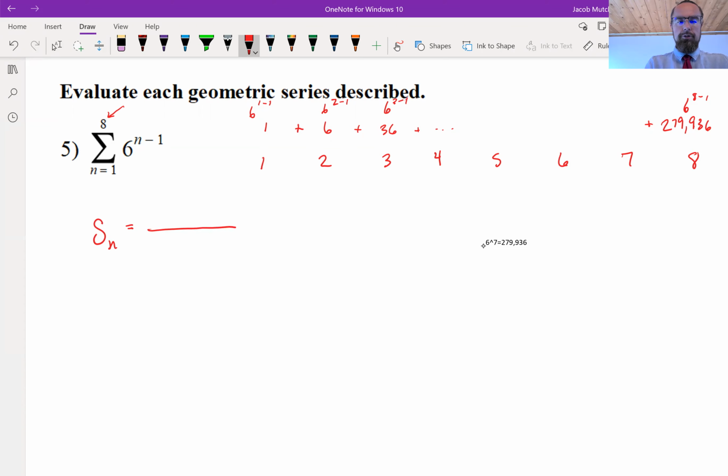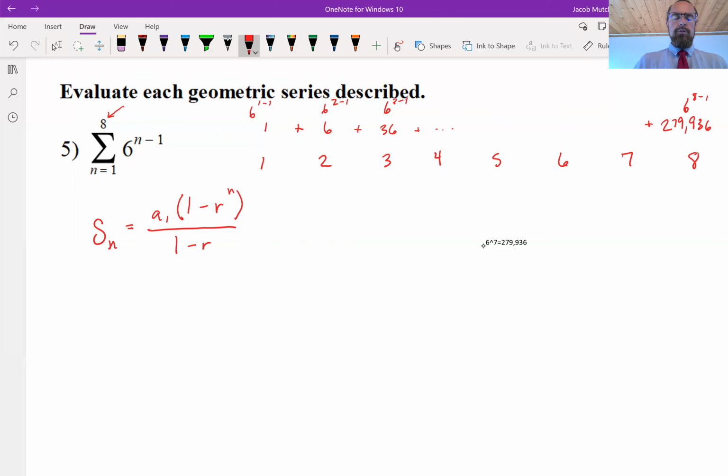So it's the first term, a sub 1, times this difference, 1 minus r, that's the common ratio, to the power of n, over 1 minus r. So that gives us a feeling about how we can calculate it.